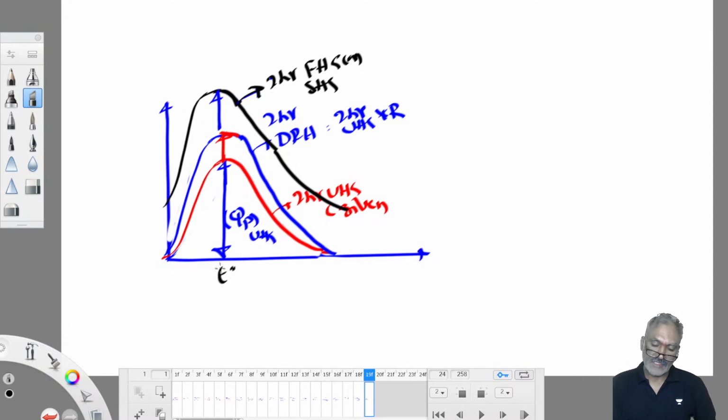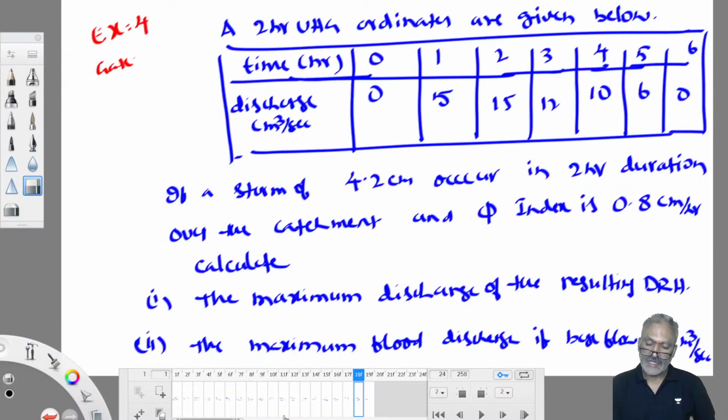So time invariance assumption is valid, no? Where there is a peak of unit hydrograph, there only peak of direct runoff hydrograph, maximum flood discharge also occur. What is maximum flood discharge here? 15. This is peak, maximum discharge of unit hydrograph.